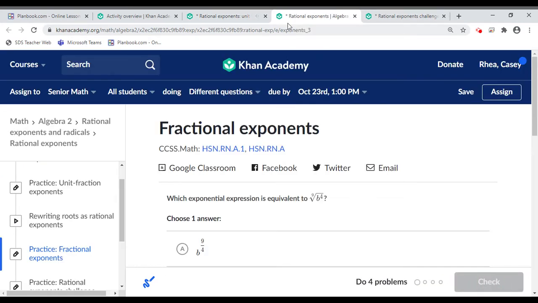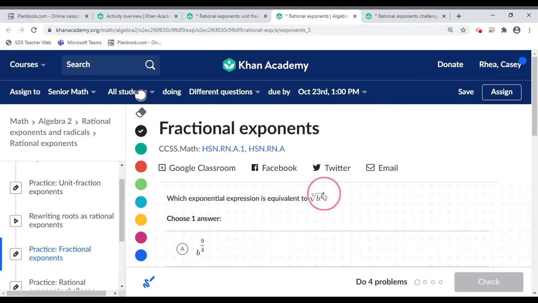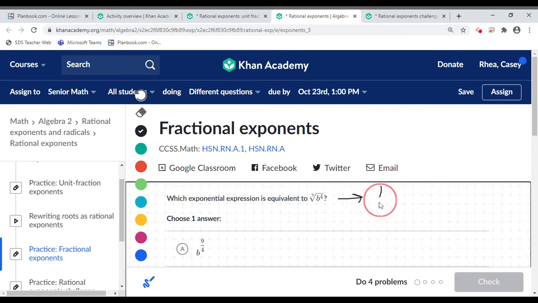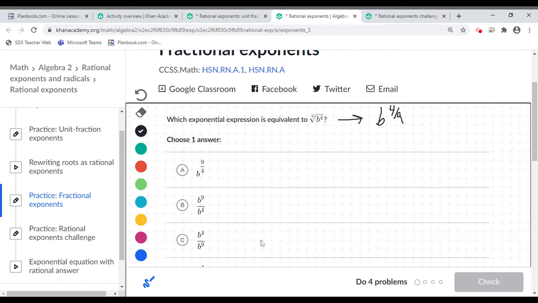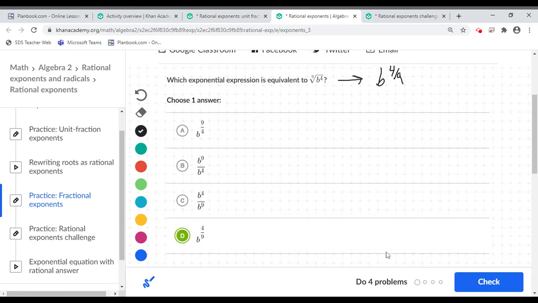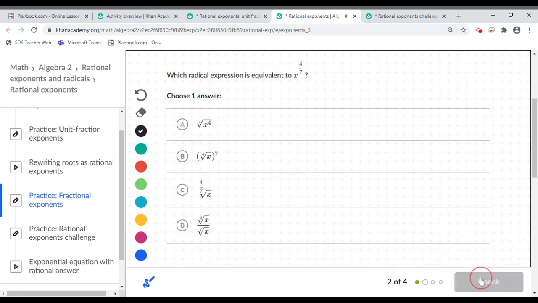All right, so rational exponents. So now there's going to be a different number other than 1 in there. All right, so just like I said, this becomes b to the 4/9. Right there. Let's do another one.